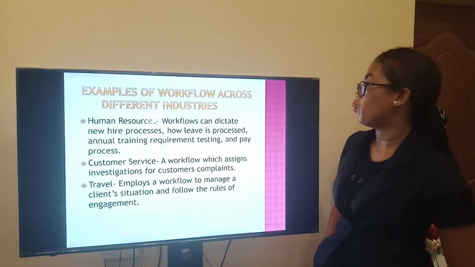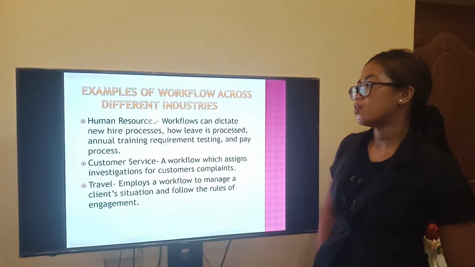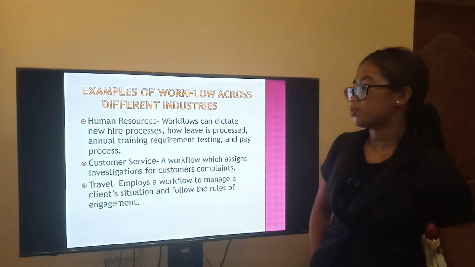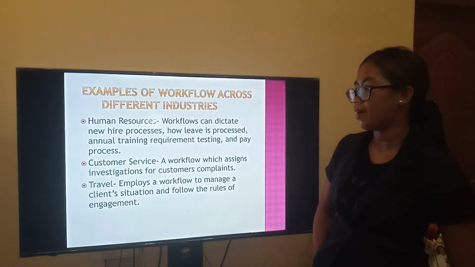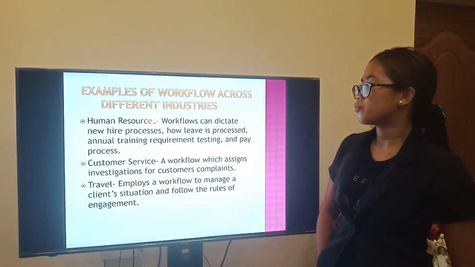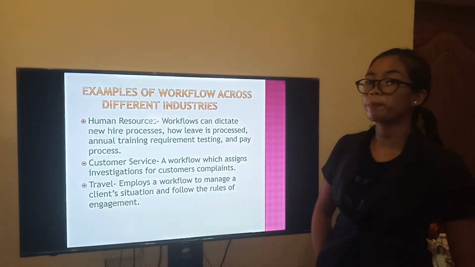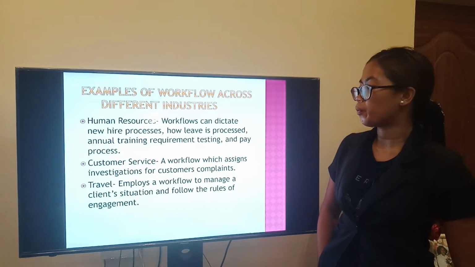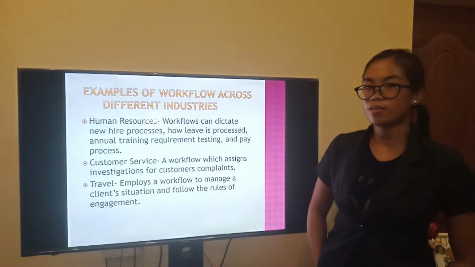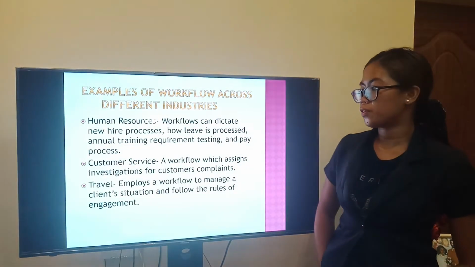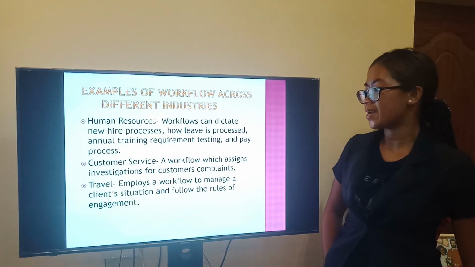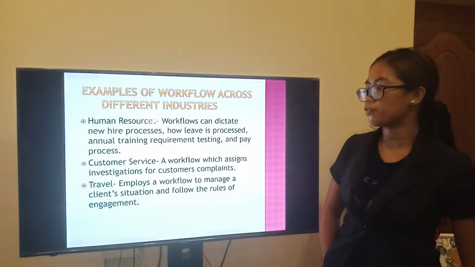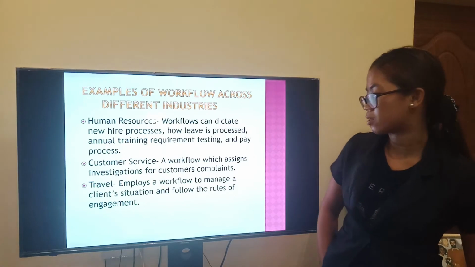Examples of workflow across different industries. Human resources, customer service, travel. Human resources workflow can dictate new hire processes, how leave is processed, annual training requirements, testing, and pay process. Customer service, a workflow which assigns investigations for customers' complaints.